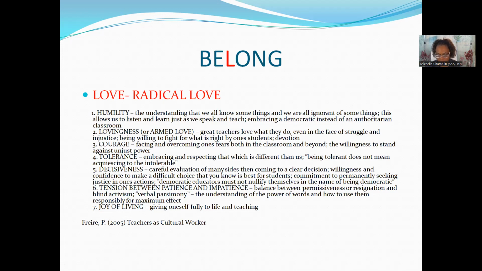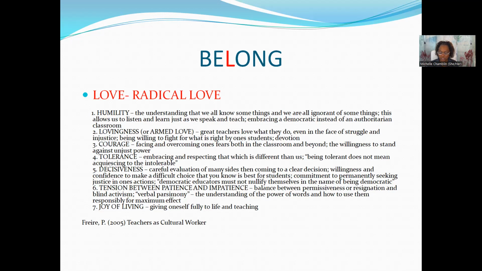What we're talking about is love that is rooted in commitment, willingness to struggle persistently with purpose, to be forceful, inspiring, challenging, and insistent.